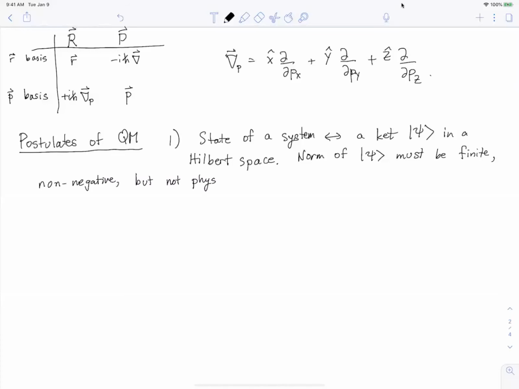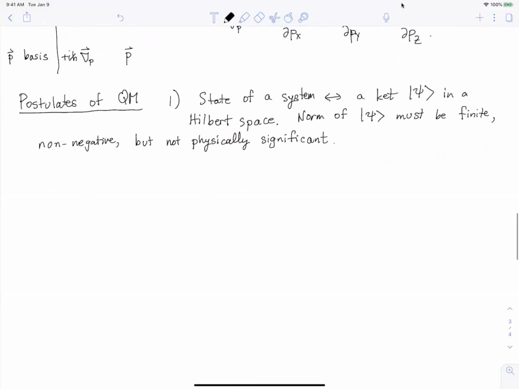So you get to choose it. Many times it's convenient to choose it to have norm 1. But it's important to realize you don't have to do that. It's just very convenient in certain things that you're going to do.